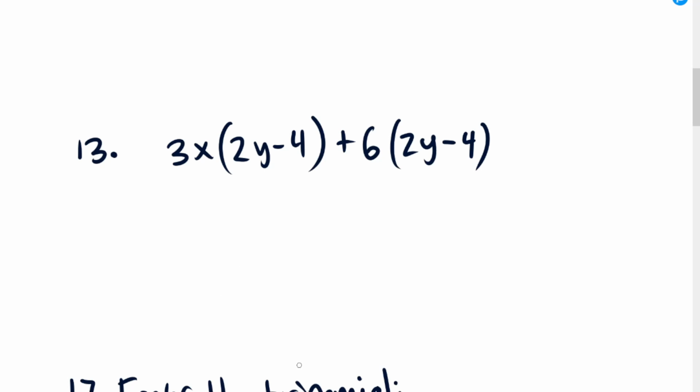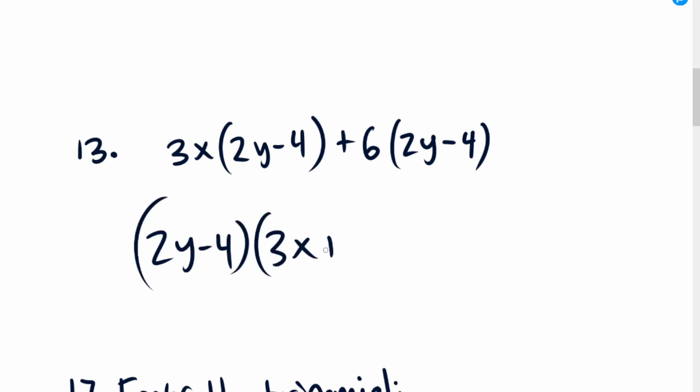So in this one, it wants us to factor out the common term. Now it looks like 3x and 6 don't really have a common term together, but 2y minus 4 and 2y minus 4 are the same. So technically what we're doing is dividing both sides by 2y minus 4, and we're taking it out, leaving us with our 3x plus 6.